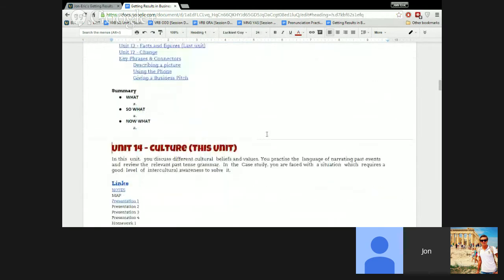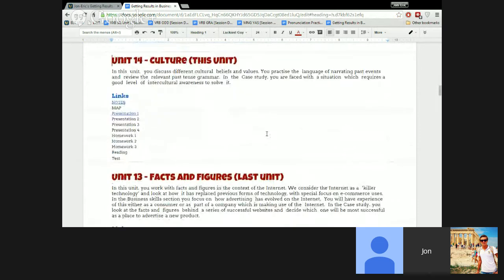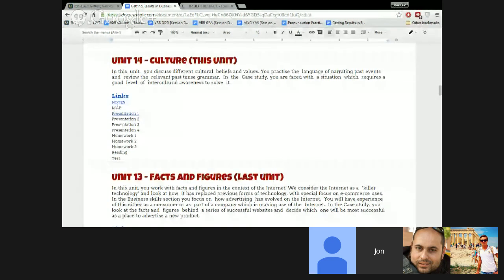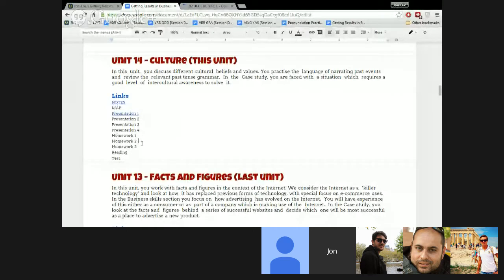In this case, it takes you to a new page, Unit 14, Culture. So what I'm going to do is open our presentation in the background and let it load. And in the future, you can always access this by going to presentation 1, and there'll be 4 others to complete this unit. The homeworks will be here when they're ready, and more.